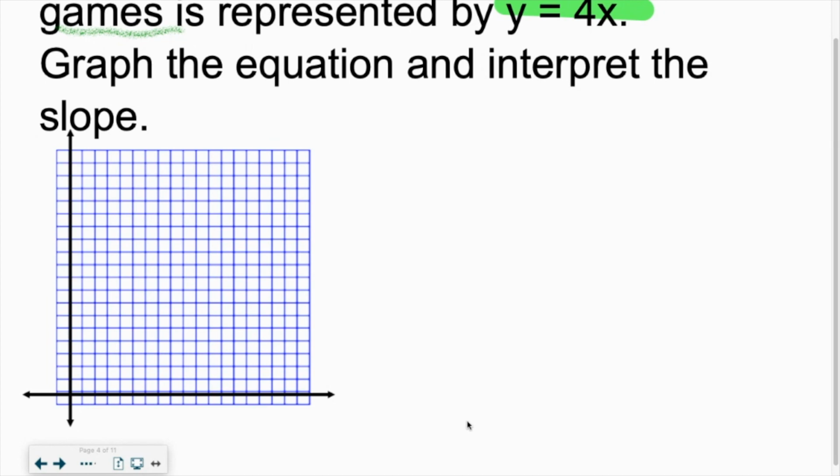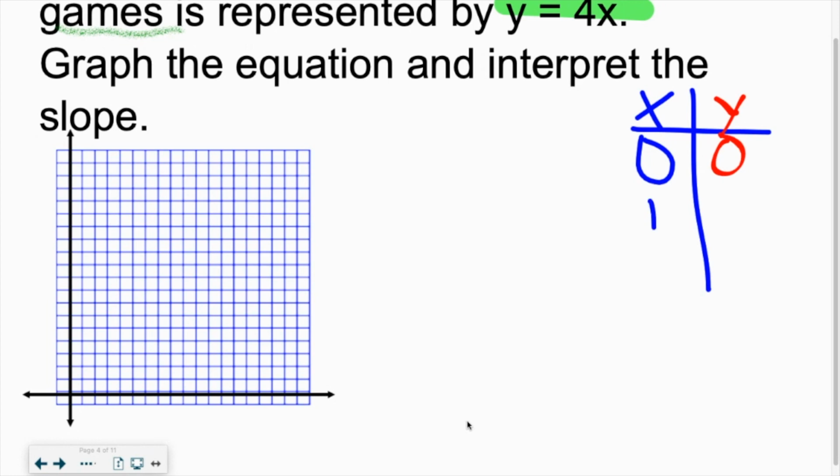A couple ways you could do that. You could make a table quick, where you could just tell me, well, if you rented 0 video games, 0 for x, what's 0 times 4? Well, that's just 0 for your y. What if you rented 1 video game? That would give you $4. If you rented 2 video games, how much would it cost? $8. So that's a quick little table you could make, mental math you could do.